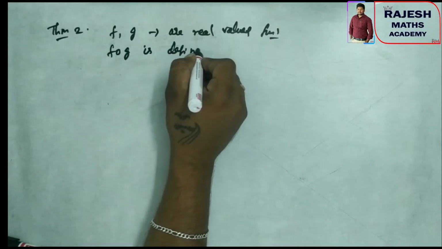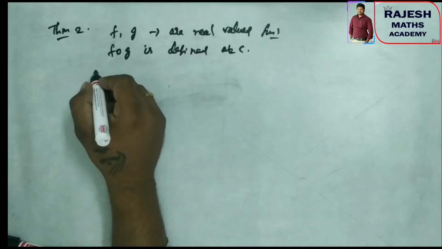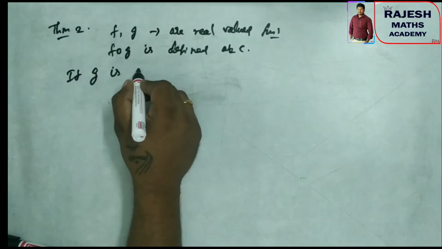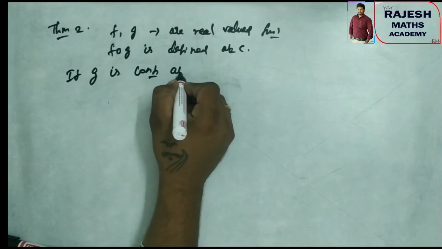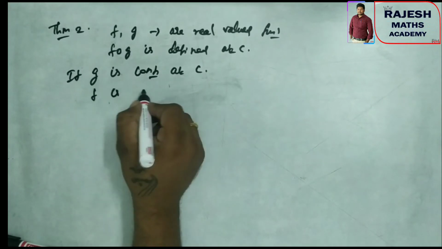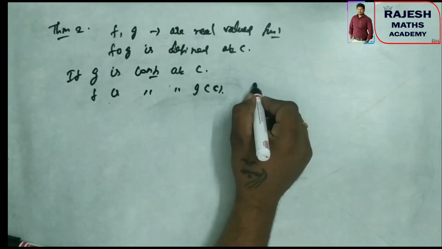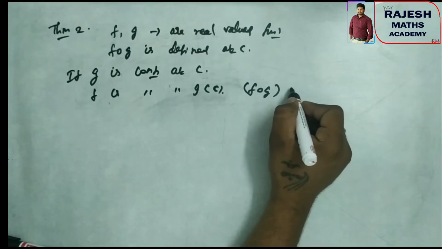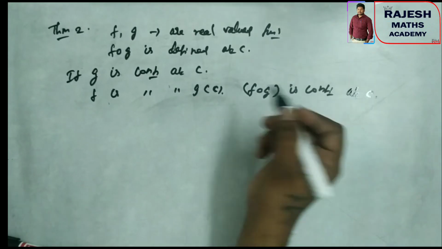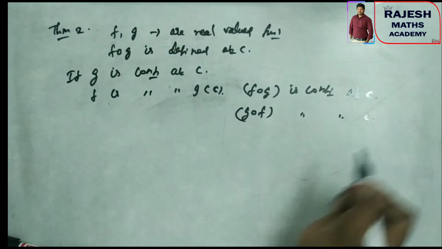We can find the value of F composition G at the point C. If G is continuous at the point C and F is continuous at G of C, then we can say that F composition G is continuous at the point C. Similarly, G composition F is also continuous at C.